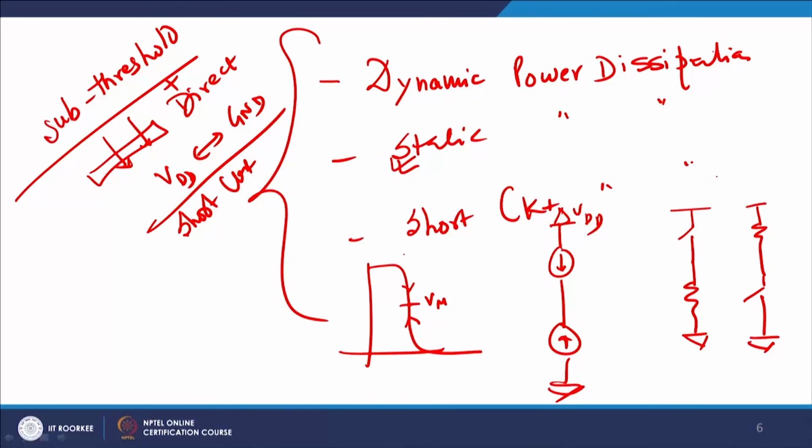Every time the switching takes place you will have this short circuit current available to you. So, if there are 50 switchings, there will be 50 such short circuit currents, and as a result that will also add to the total power in the circuitry, right.